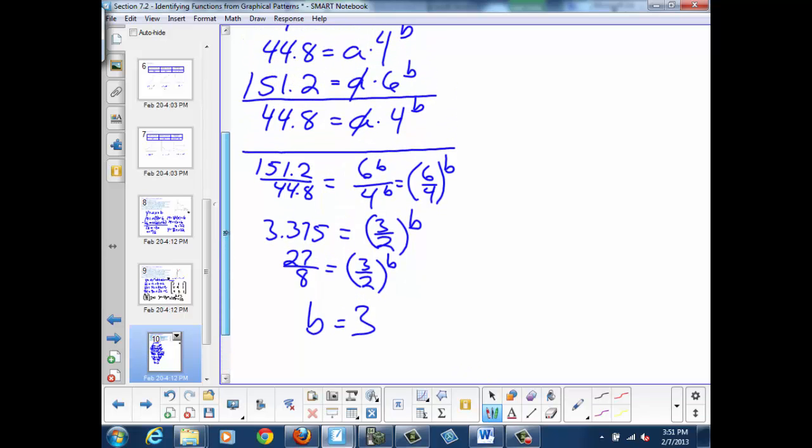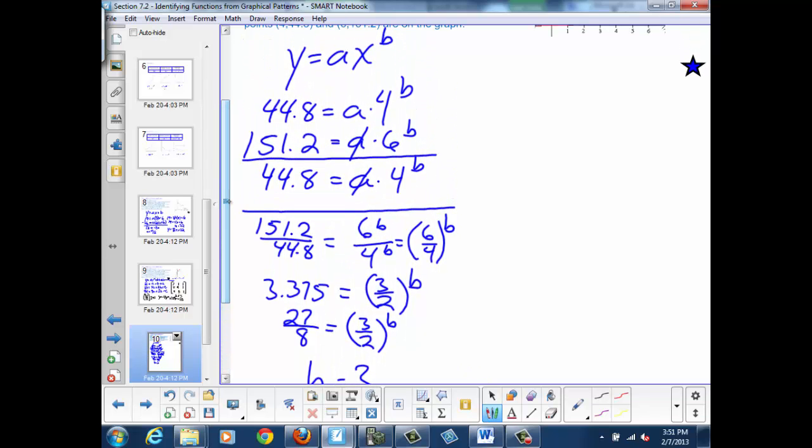Once I have my b value, I can go back and solve for a by using either of my two original equations. I'll use the first one. So that tells me that 44.8 equals a times 4 to the third power, which is 64.